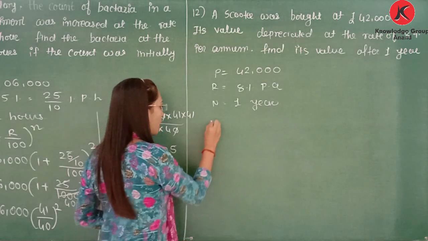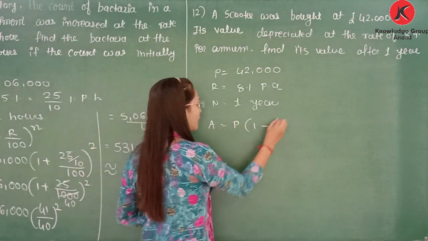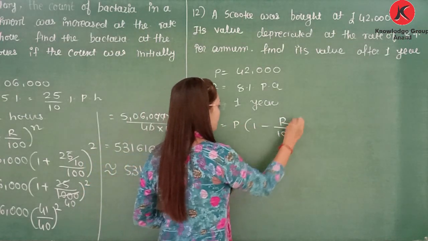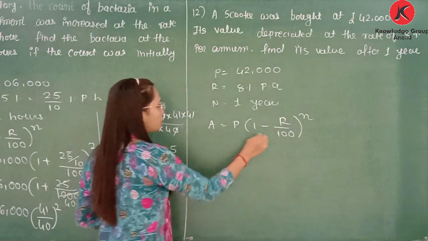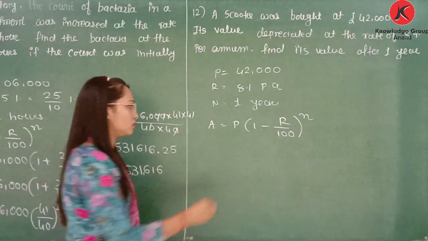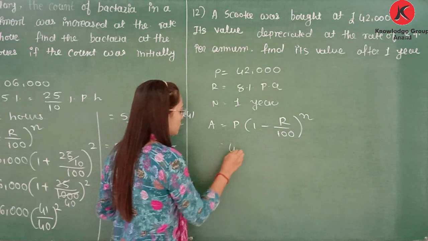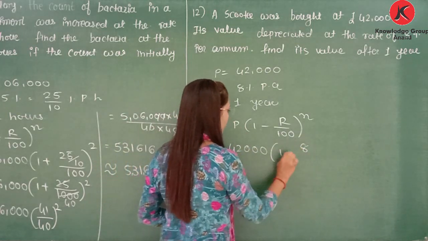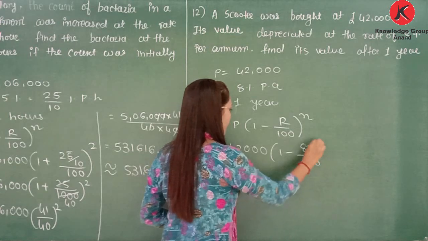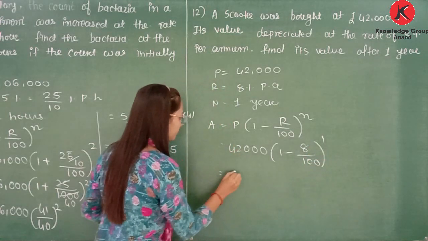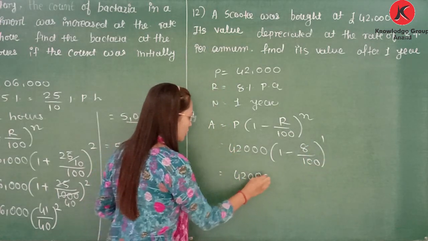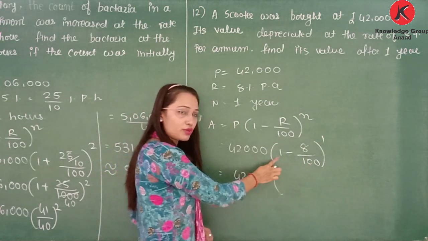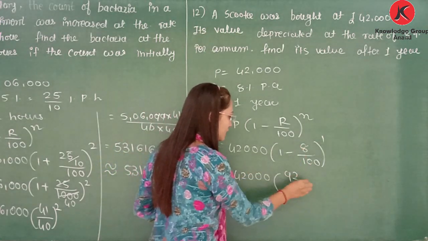Now amount is equal to P 1 minus R divided 100. Why 1 minus R? Because price is decreasing. So 42,000, 1 plus rate of interest is minus 8 by 100 raised to 1. Now here 100 ones are 100 minus 8, that is 92 by 100.